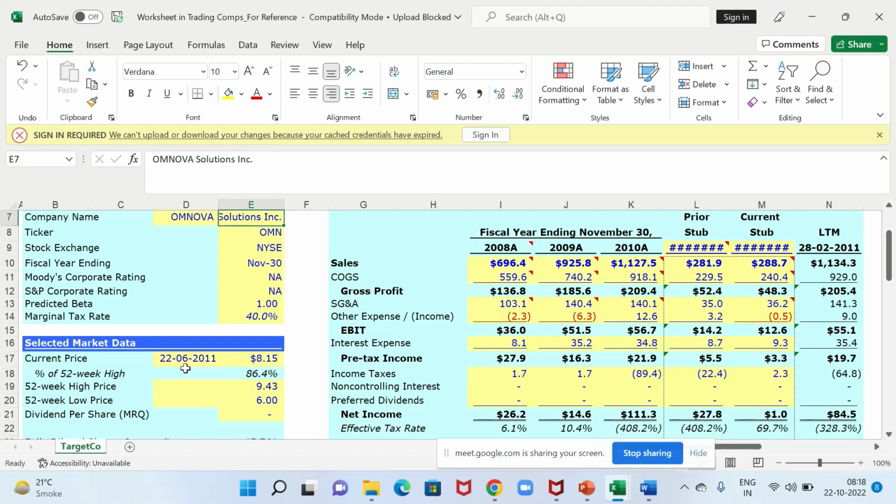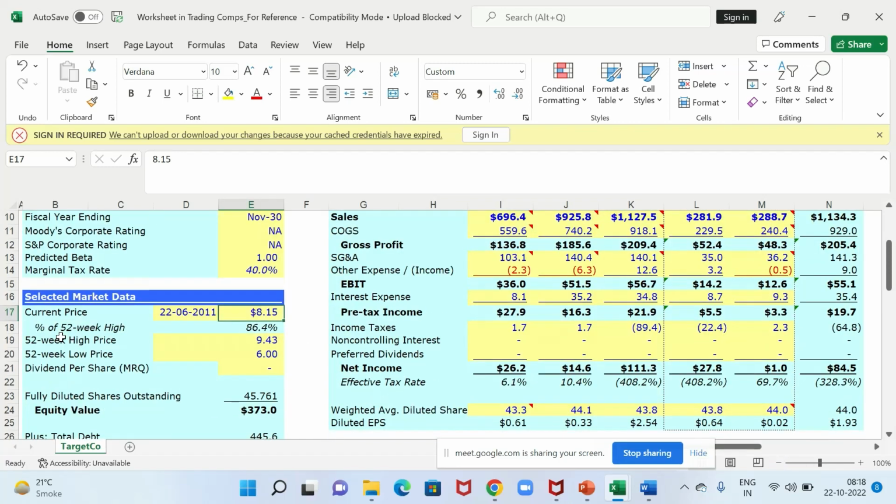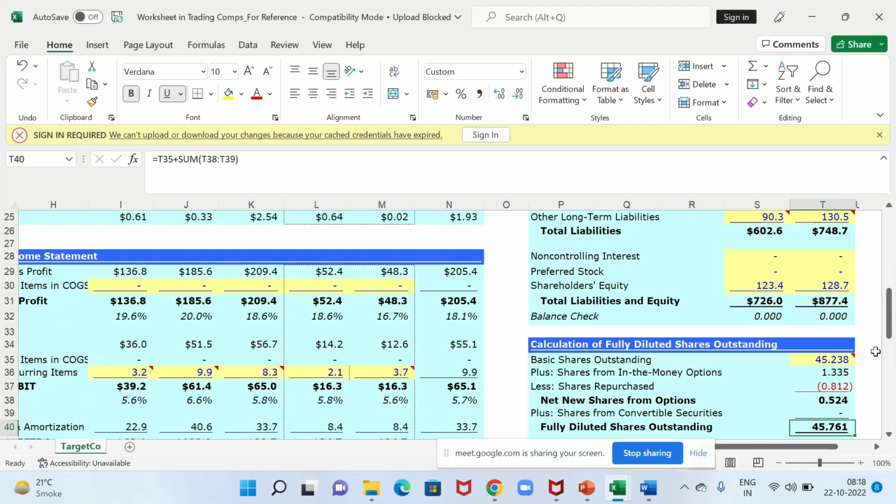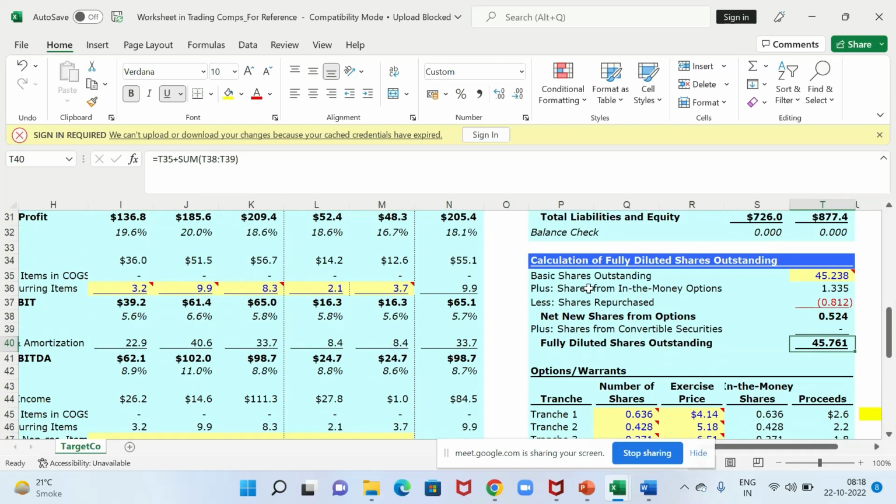This is a very old template, so don't go with the date. You can just relate 8.5 as the current market price. We have built-in fully diluted shares, which is linked to over here. Here we generally add the basic shares.